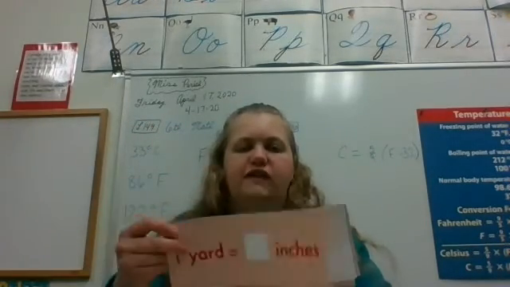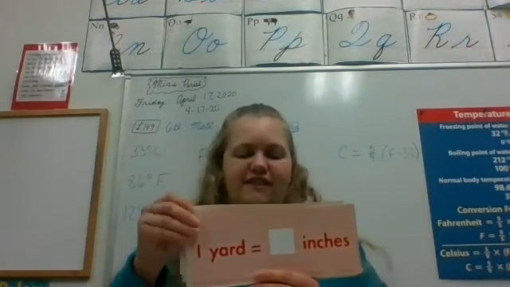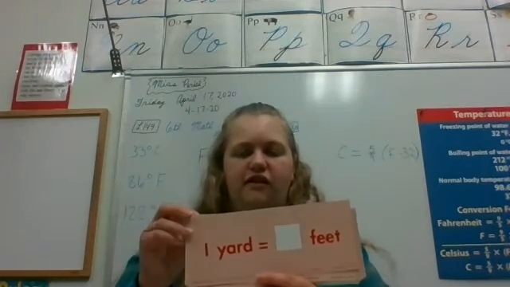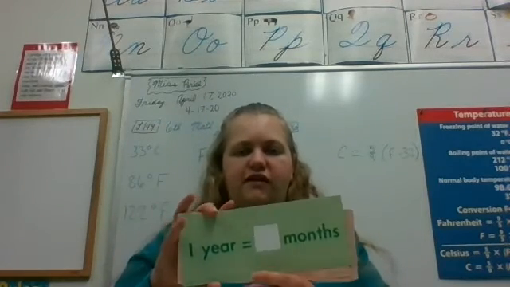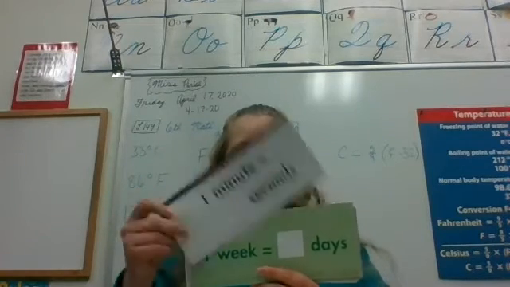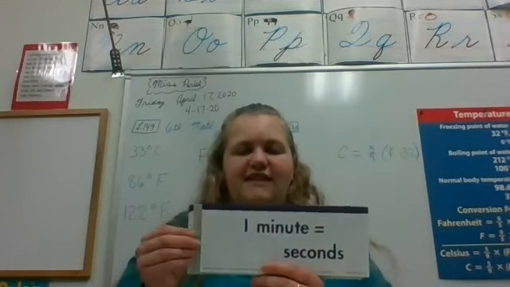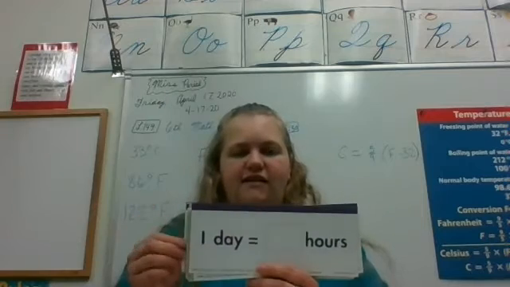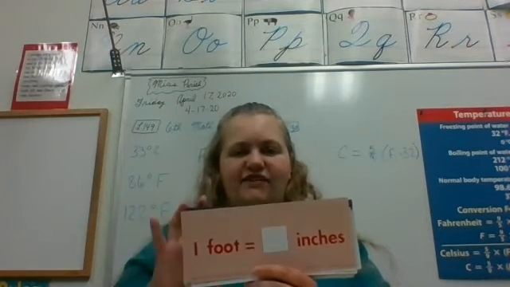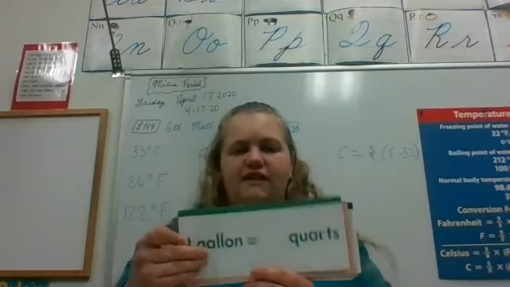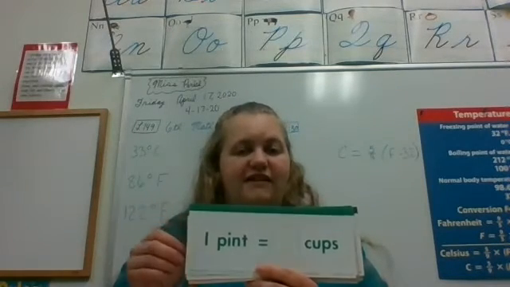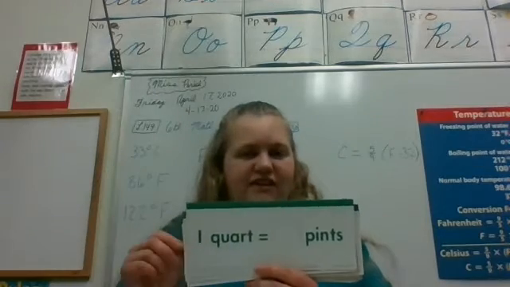All right, 36 inches in a yard, 16 ounces in a pound, 3 feet in a yard, 12 months in a year, 7 days in a week, 60 seconds in a minute, 24 hours in a day, 60 minutes in an hour, 12 inches in a foot, 4 quarts in a gallon, 2 cups in a pint, 2 pints in a quart.